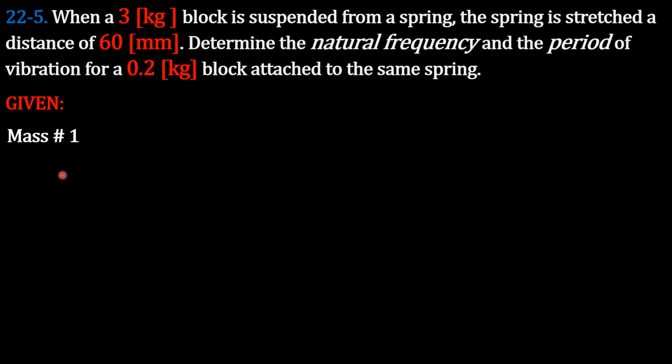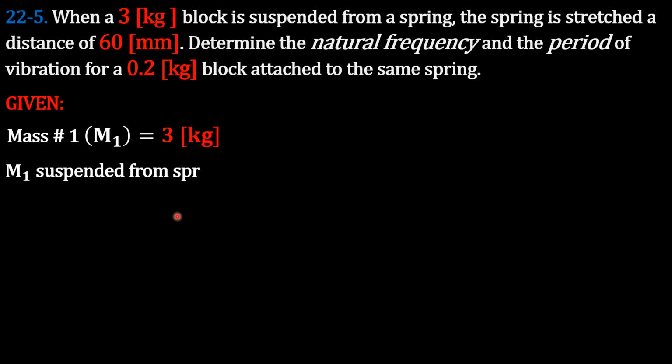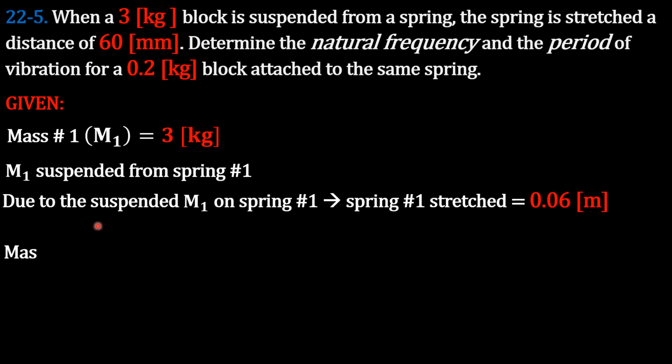So here we have a mass number 1, M1, equal to 3 kilogram. So M1 is suspended from the spring number 1. Now, due to the suspended M1, spring number 1 stretched 0.06 meter. So mass number 2 is 0.2 kilogram.